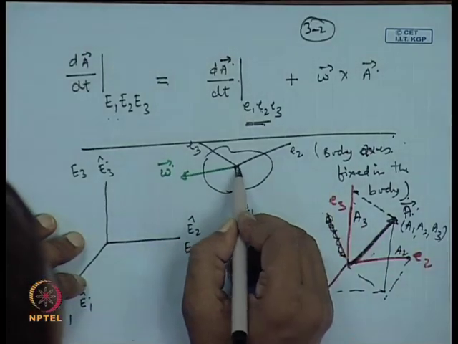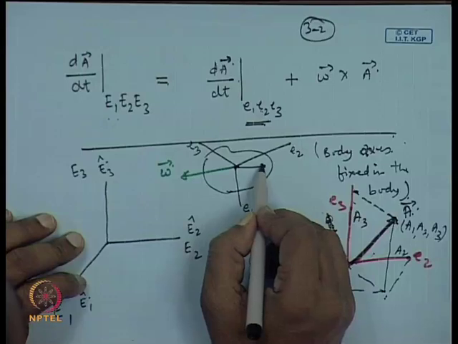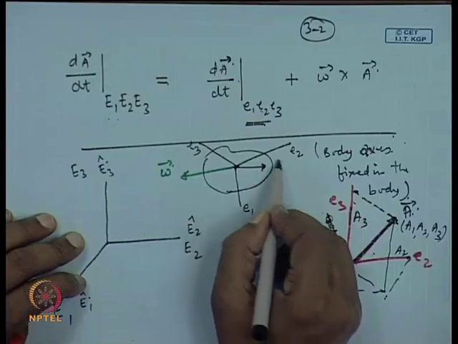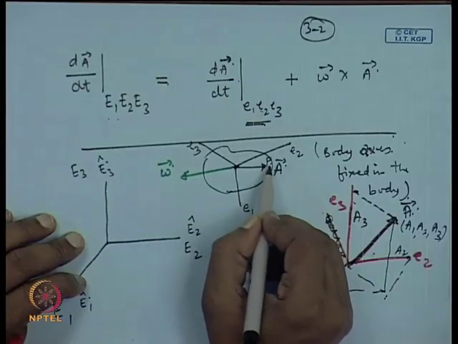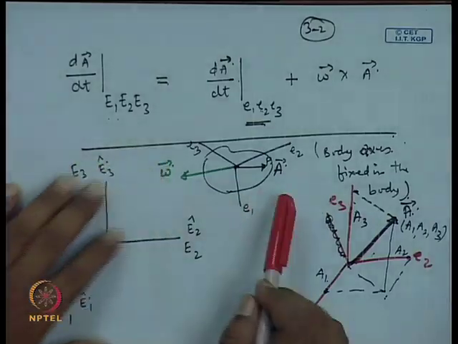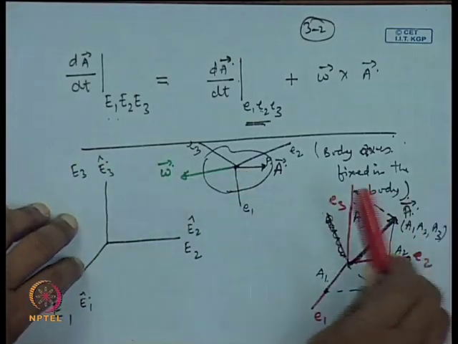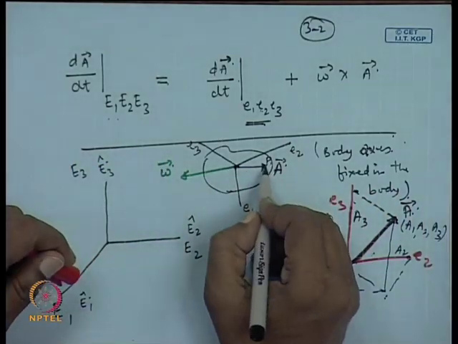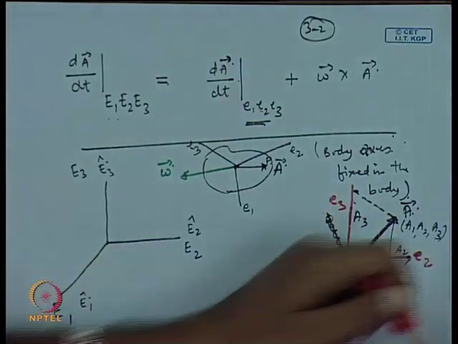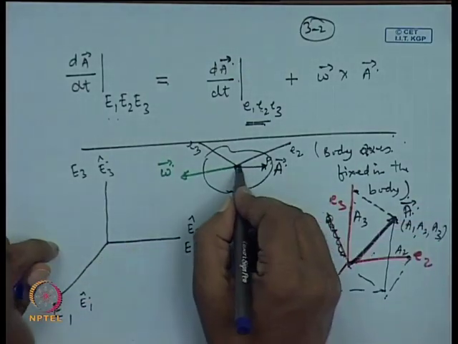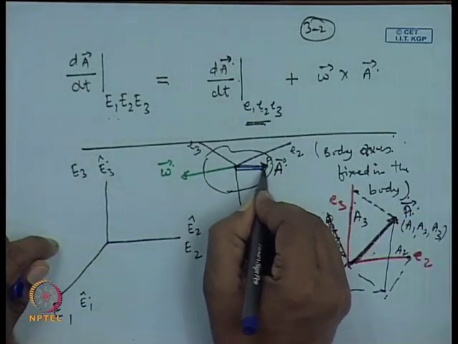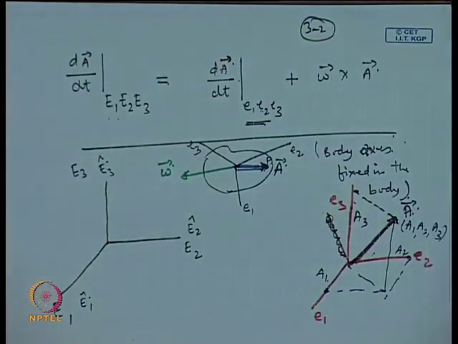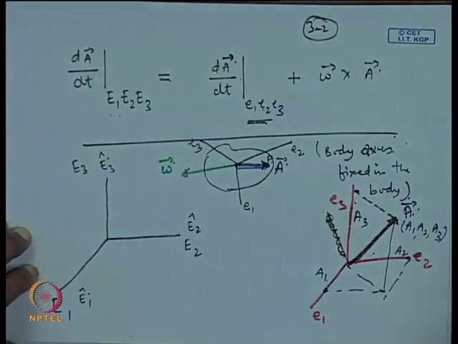Here some point P is there whose radius vector is A. If this is a rigid body, naturally this vector is fixed with respect to E1, E2 and E3.